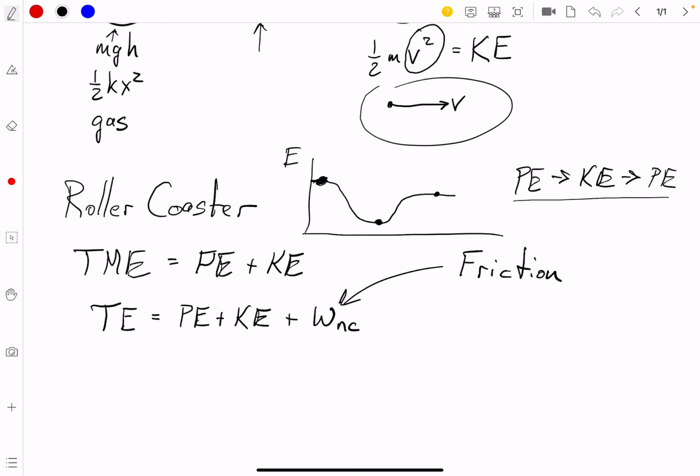Then you can say, oh, well, I really want to put it in terms of my total mechanical energy. I can solve for my total mechanical energy and say that it's the total energy minus the work of the non-conservative forces at any time.